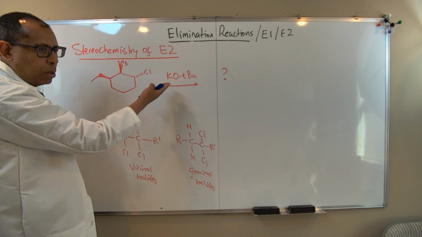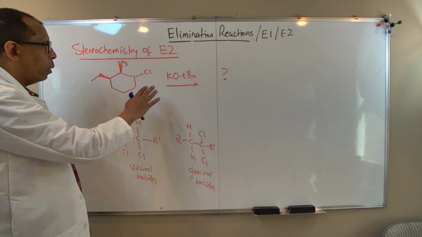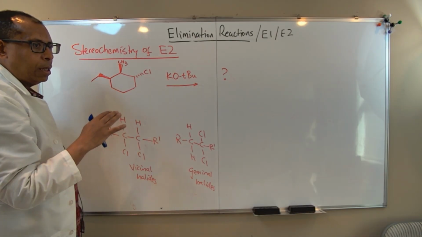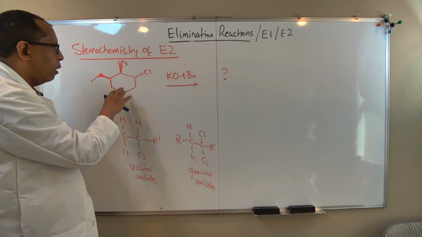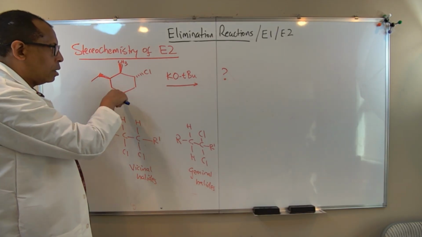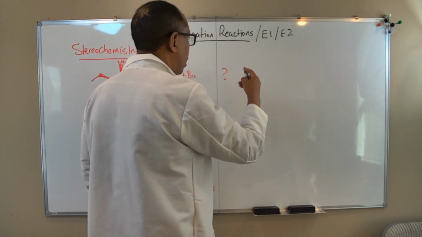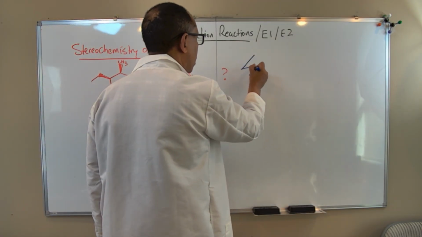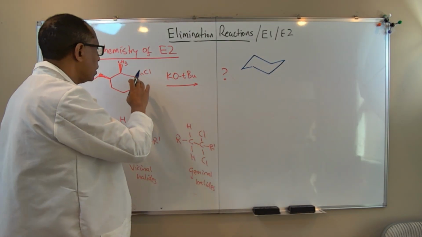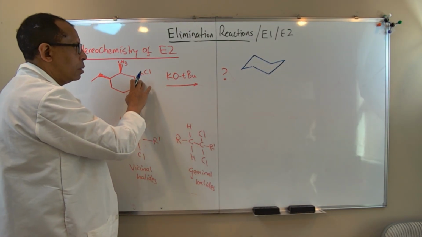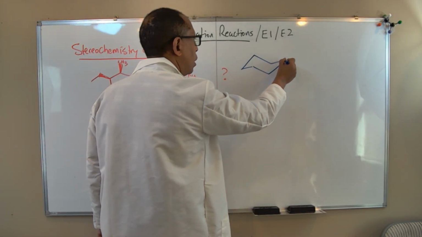This is potassium tert-butoxide. It's a strong, bulky base. We are using a strong, bulky base. That means it is an E2 reaction. So now first let me just write this in the proper chair conformation. If I try to draw it in a chair conformation, that compound looks like this: chlorine is down, I will put it down like this.